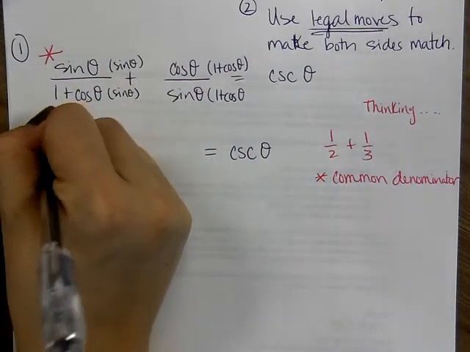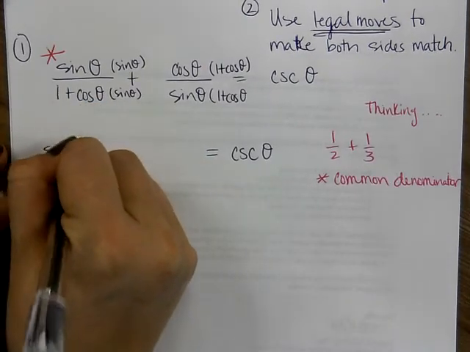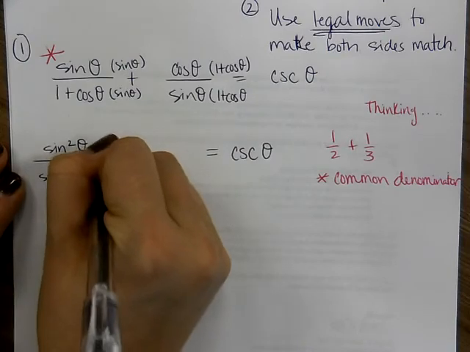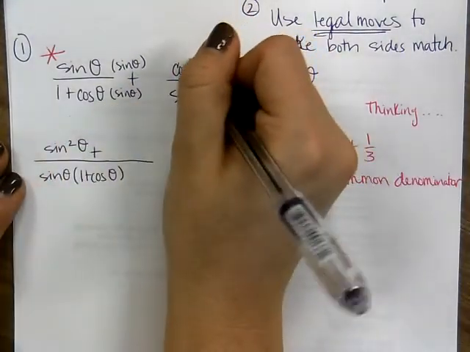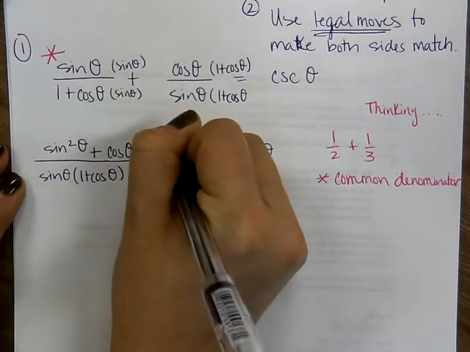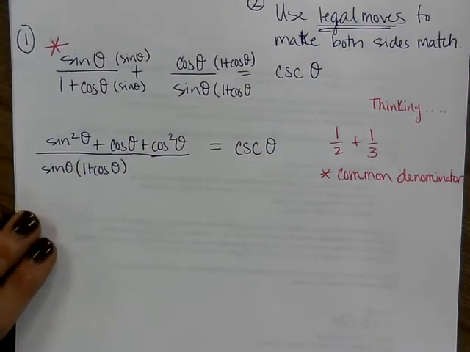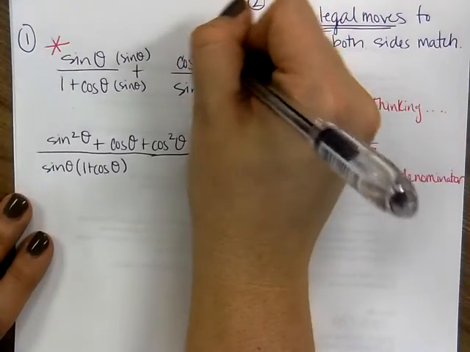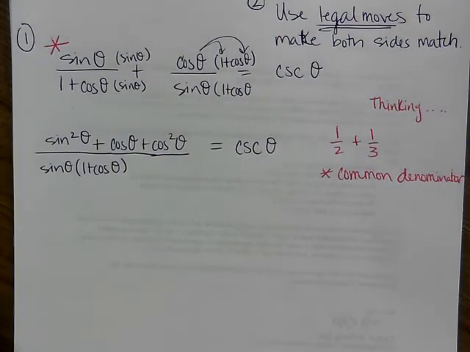So now I have sine squared of theta over sine of theta times 1 plus cosine theta, plus, I'm going to distribute this cosine, so cosine of theta plus cosine squared of theta. Are you with me there? What just happened? All I did was distribute my numerator, and then I combined it into one fraction.